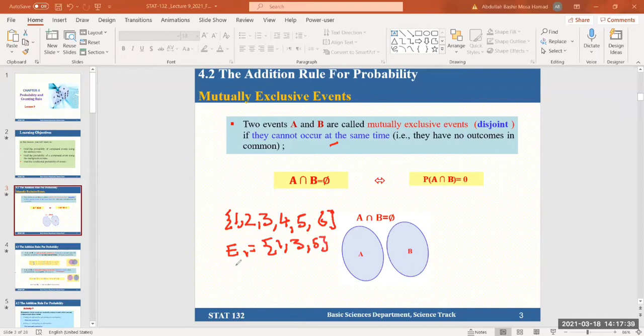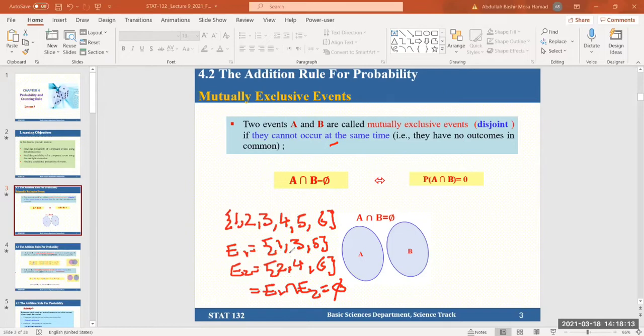If we define E2 as even number, then 2, 4, and 6. These 2 events are mutually exclusive or disjoint events. Why disjoint? Because E1 intersection E2 equals the empty set, right? No intersection between these two events. Odd is odd, even is even, no intersection between even and odd.